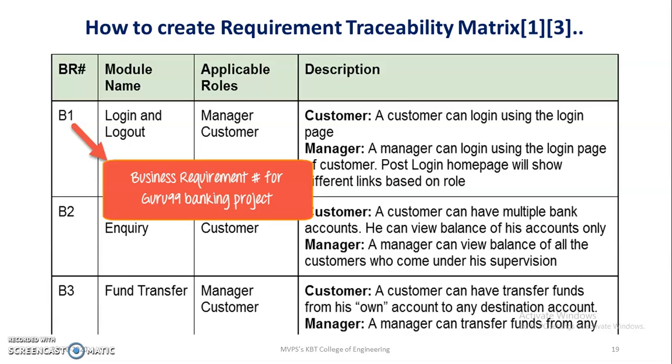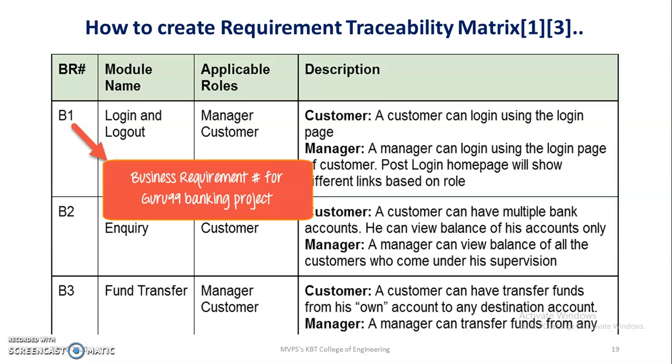Here in this example, the scenario is that the customer should be able to log in to some bank account or website with the correct password and user ID, and the manager should be able to log in to the website through the customer login page.